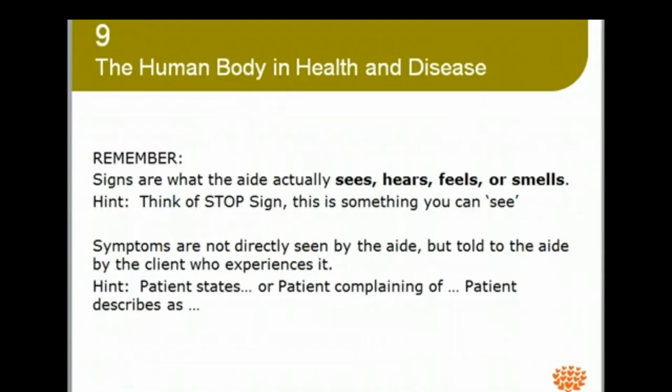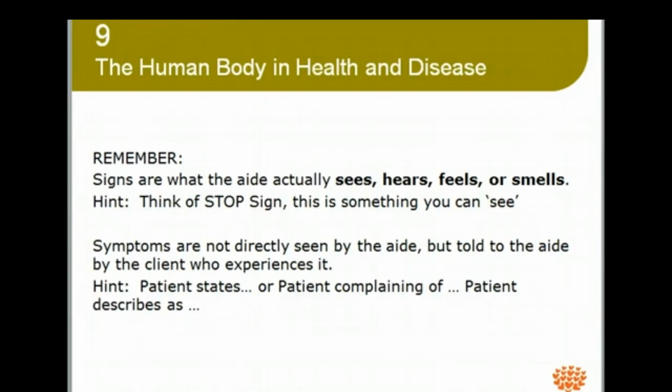I recommend that. I wanted to pay particular attention to the terms signs and symptoms. We talk about signs and symptoms all the time in medicine and healthcare. When you think of signs, I want you to think of a stop sign. It's something you can see, and that will help you remember that signs are objective information, something you can see, hear, feel, or smell.